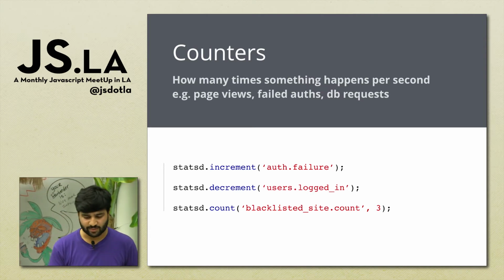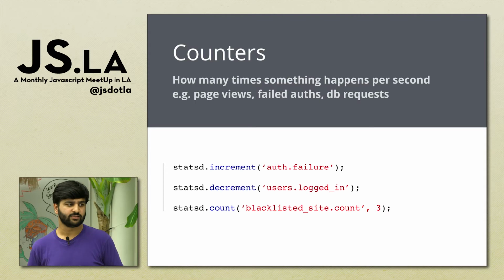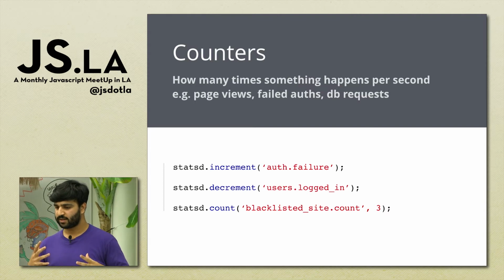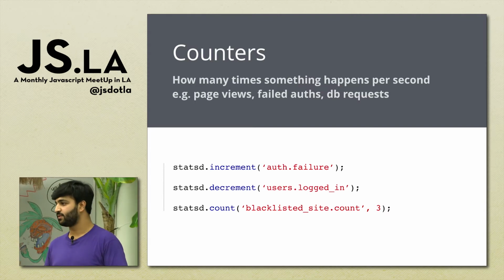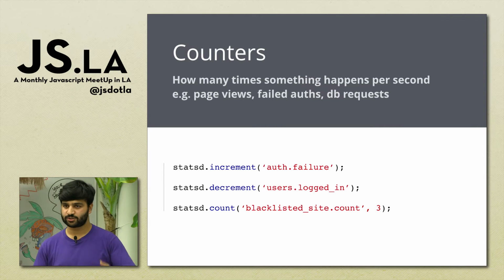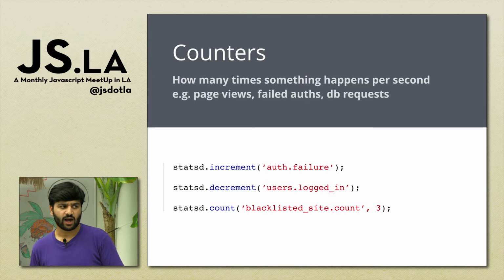One thing I want to talk about here are these strings. StatsD requires you to associate a string with the metric that you're collecting. There are all sorts of conventions for how you should do that, but we basically use periods to delimit namespacing, and that's the common industry convention.